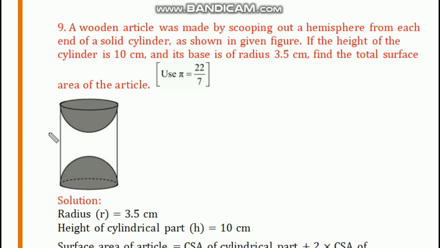So for this, first we need to find out the curved surface area of the cylinder, then curved surface area of these two hemispheres, or find curved surface area of one hemisphere, then multiply by 2. So we need to add curved surface area of cylinder and 2 times curved surface area of hemisphere.